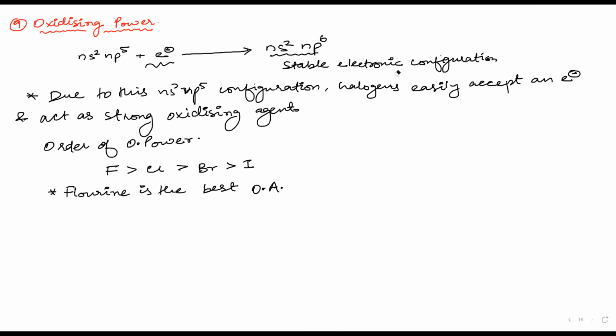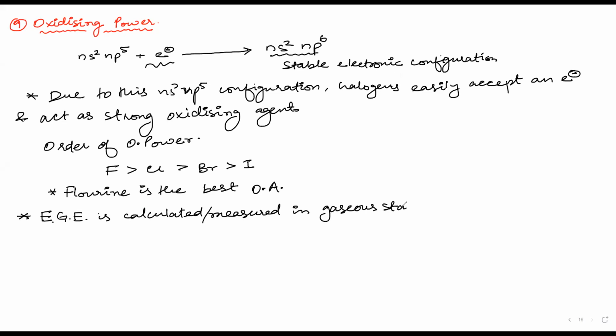Now you have to remember one point, that electron gain enthalpy is calculated or measured in gaseous state. But the oxidizing power is measured in aqueous state.